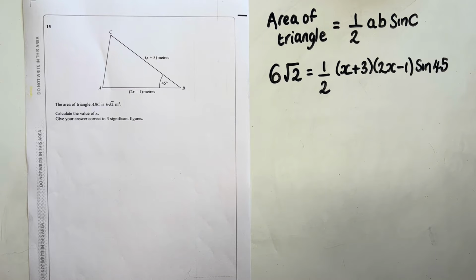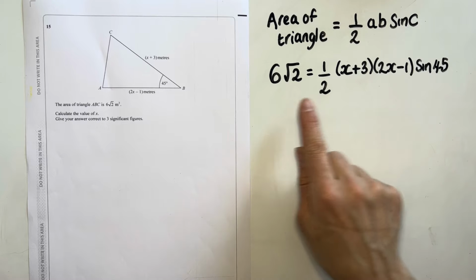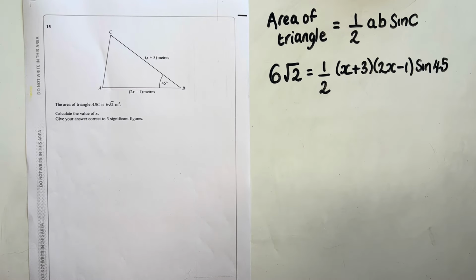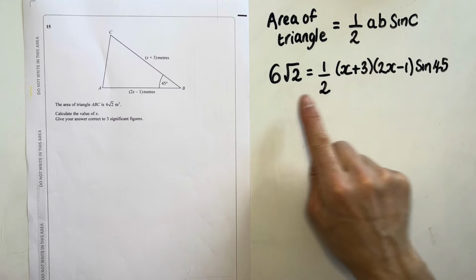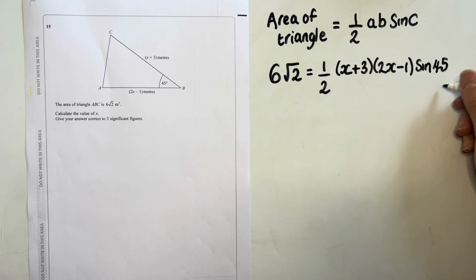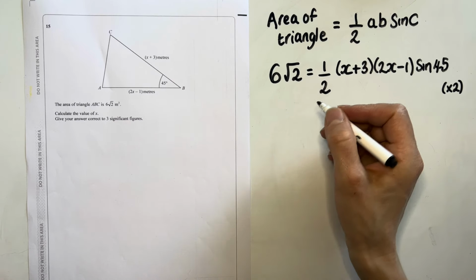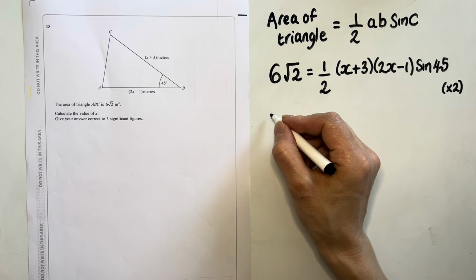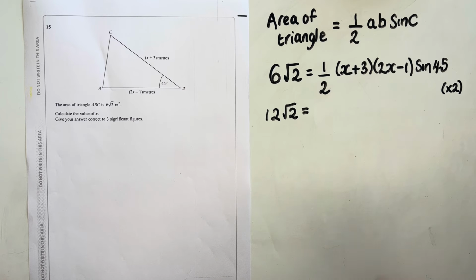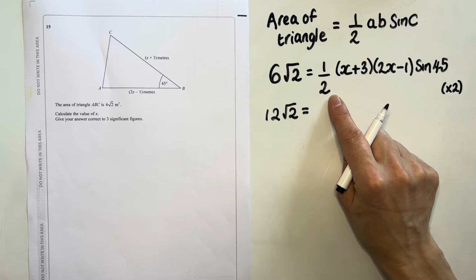We'd like to calculate the value of x, which means we've got quite a bit of rearranging to do. The first thing that we can do is multiply both sides by 2. So 2 times 6 square root 2 will be 12 square root 2. When we multiply the right hand side by 2, this will cancel out with the half.